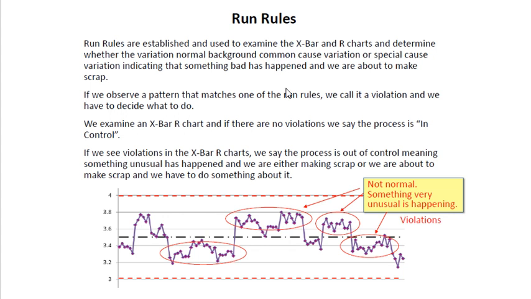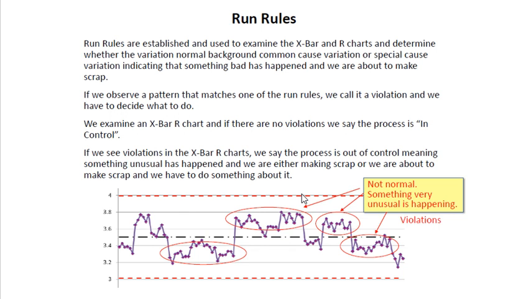We use run rules to find a violation. If we catch a pattern, we decide whether we violate something, then we check up against these rules. If we did violate something, then we have to decide what to do. So we're going to examine the X bar, and then we're going to examine the R charts.